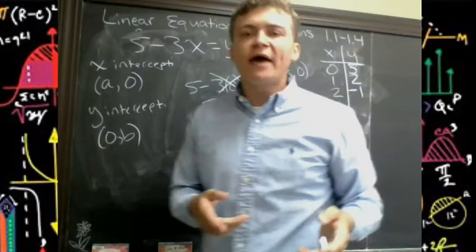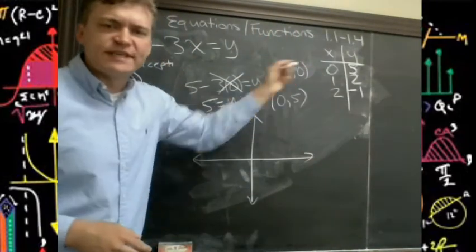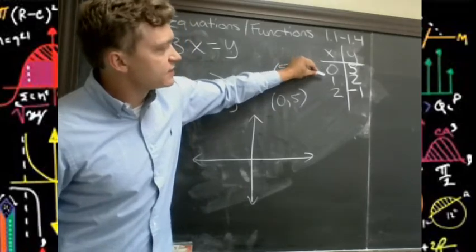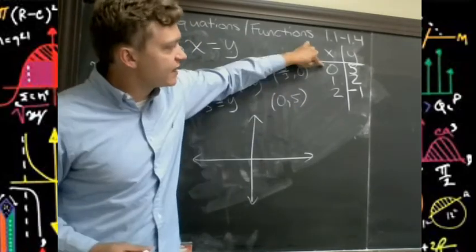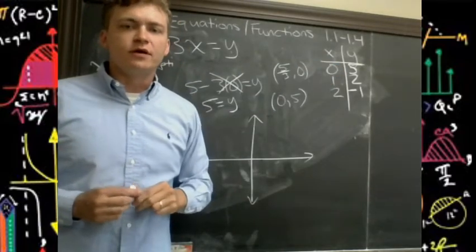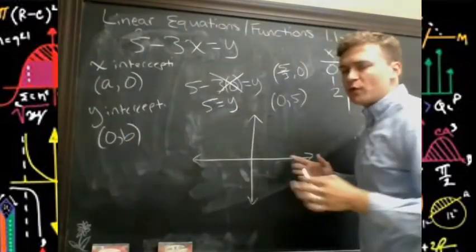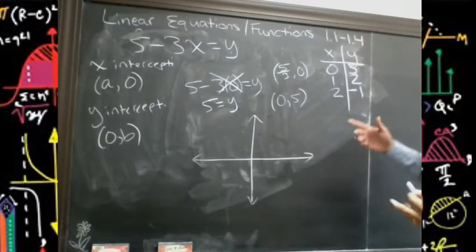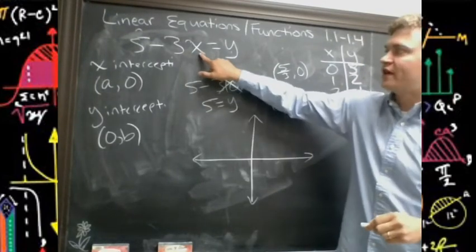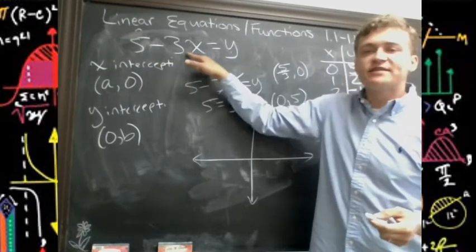Do we see a pattern with this table here? As x increases by 1, what are the y values doing here? We'll go a little bit further, because what we're trying to do is establish a pattern. What happens if x is 3? 3 times 3 is 9. 5 minus 9 is negative 4.